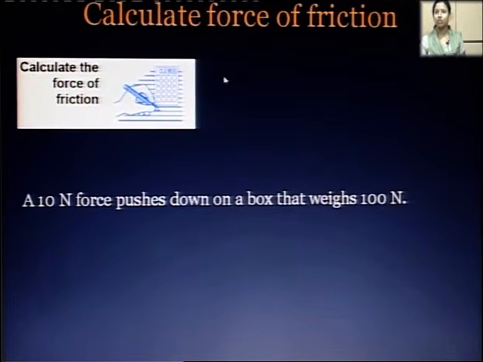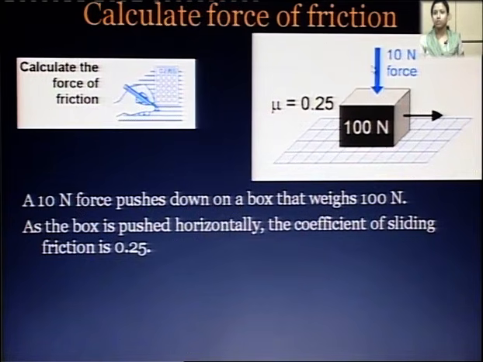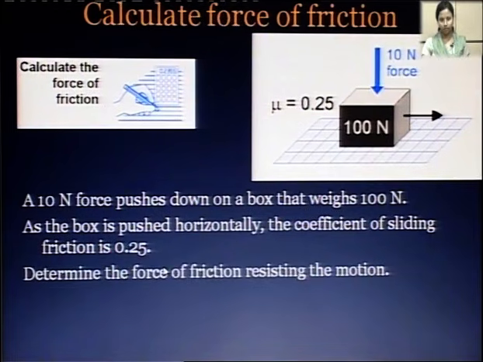This is an example numerical on the force of friction, showing how we can calculate it. A 10 Newton force is acting on a body. It pushes down a box and its weight is 100 Newton. As the box is pushed in the horizontal direction, the coefficient of sliding friction is 0.25.